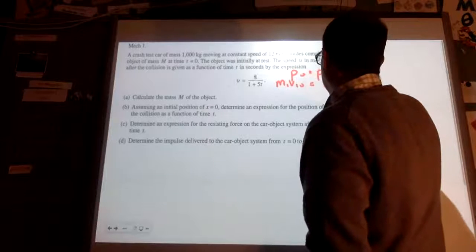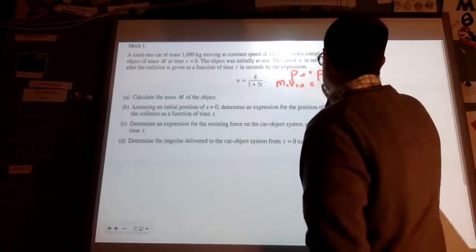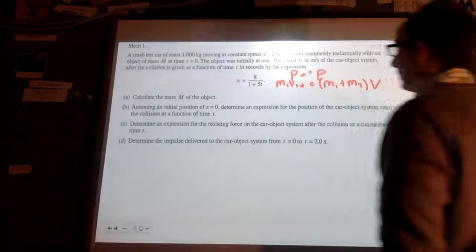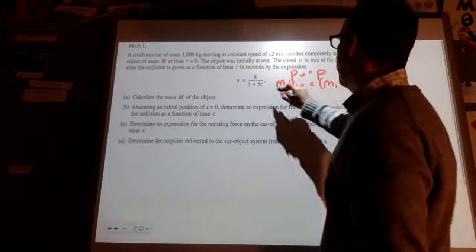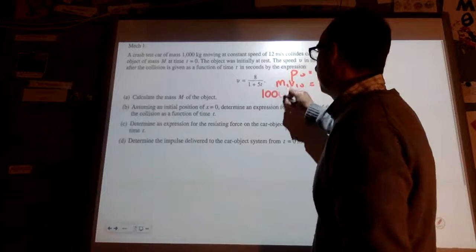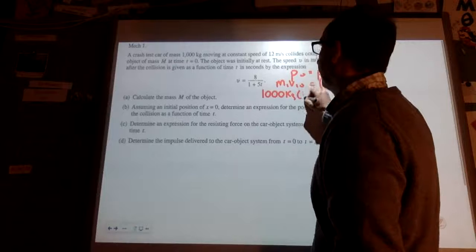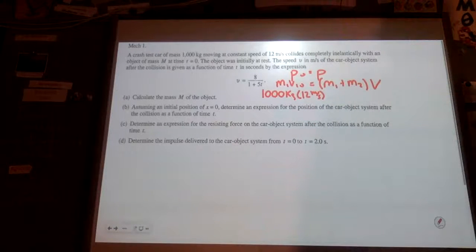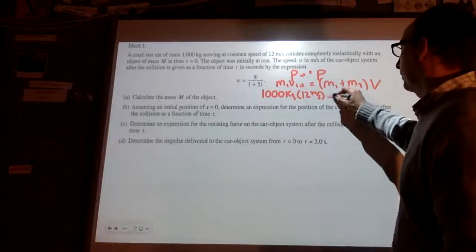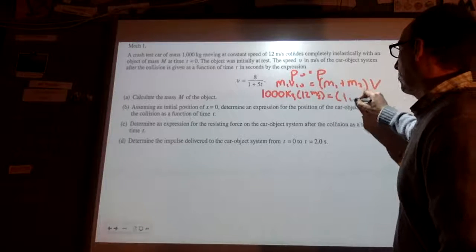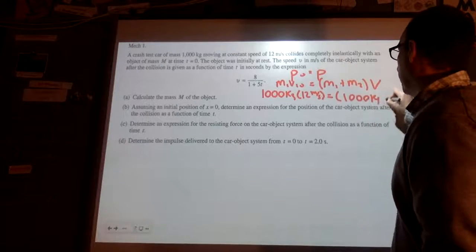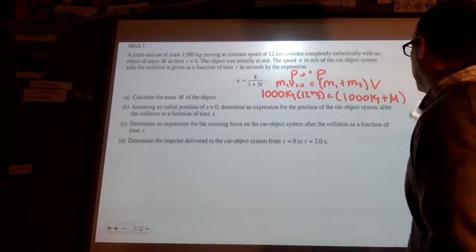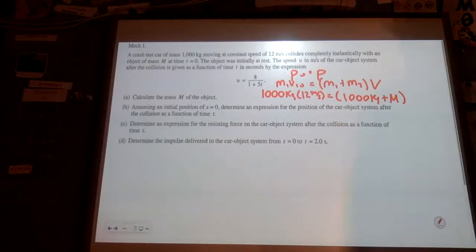And then I'm going to have the masses added together times V. All right, so this is going to be 1,000 times 12. This is going to be 1,000. We don't know the mass. That's what we're looking for. And they wrote it as big M, so I am too.